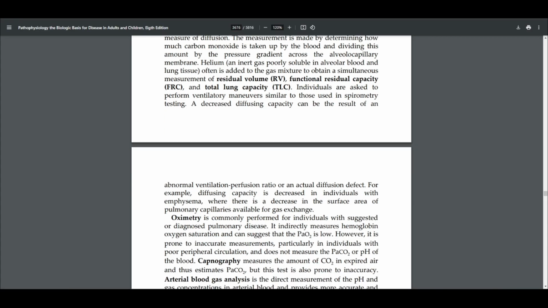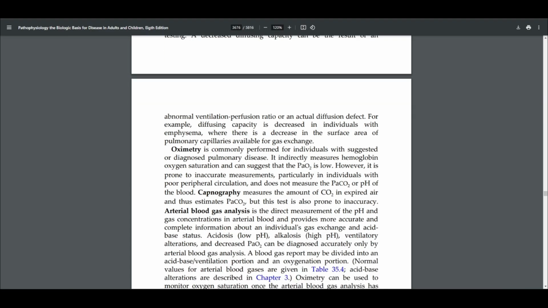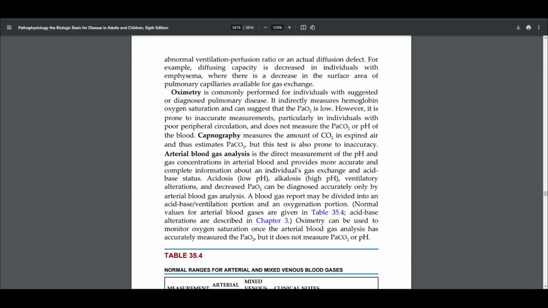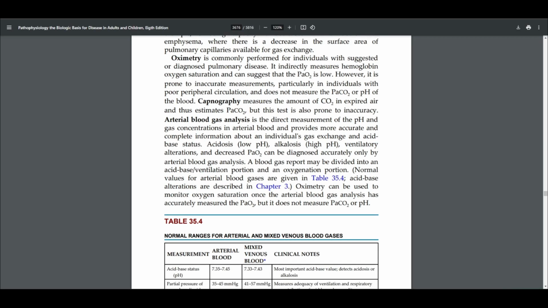A decreased diffusing capacity can be the result of an abnormal ventilation-perfusion ratio, or an actual diffusion defect. For example, diffusing capacity is decreased in individuals with emphysema, where there is a decrease in surface area of the pulmonary capillaries available for gas exchange.